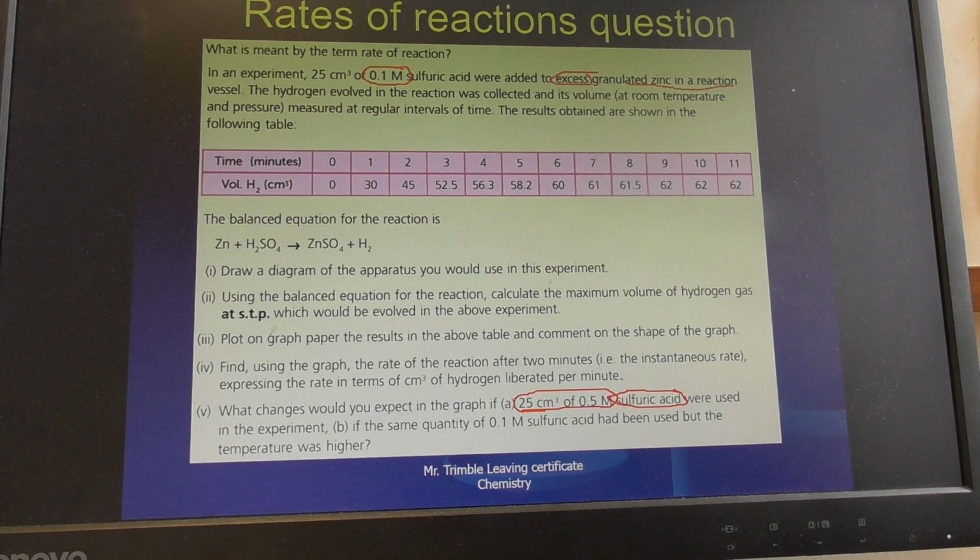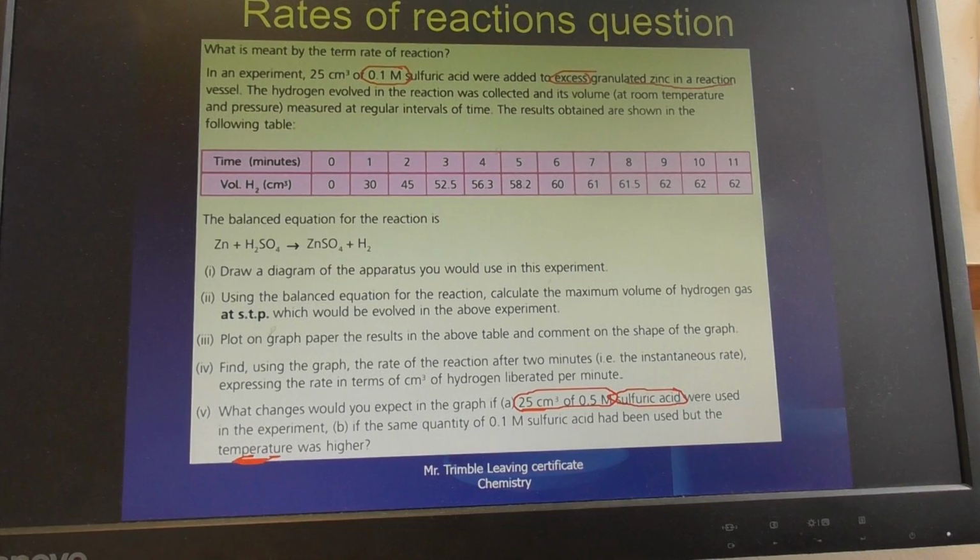So an increase in temperature would cause the curve to be much steeper, and indeed in both cases the reaction will go to completion quicker. The time taken to use up all of the sulfuric acid will be quicker if you raised the temperature, because there'll be more collisions initially and the rate of the reaction will be faster initially. And that brings us to the end of that question.